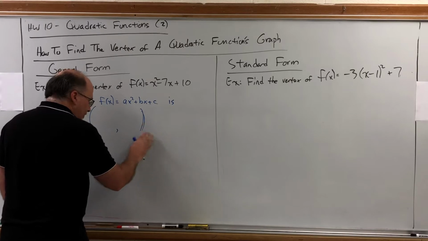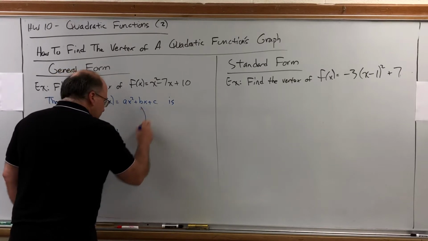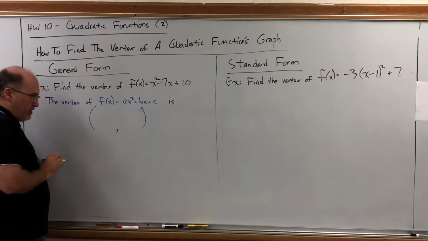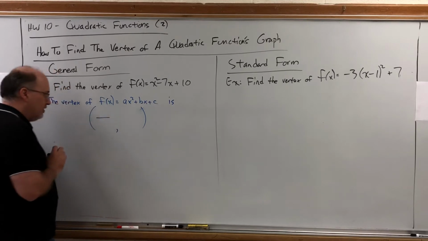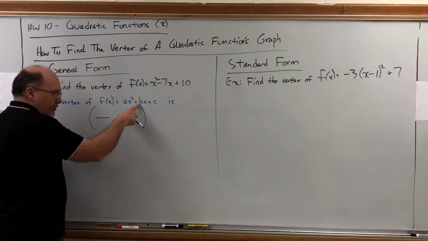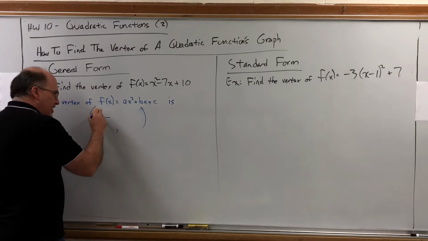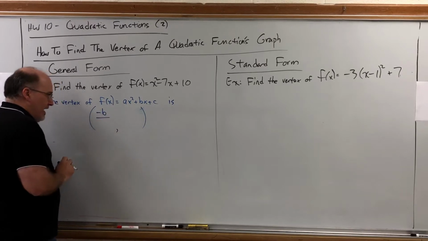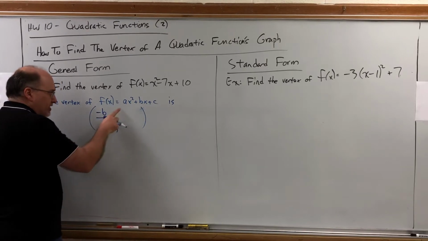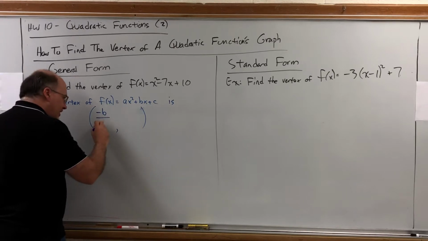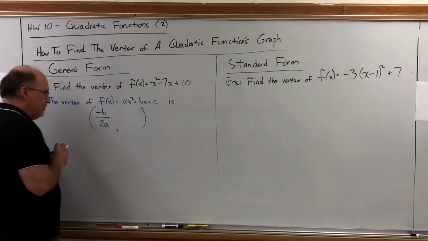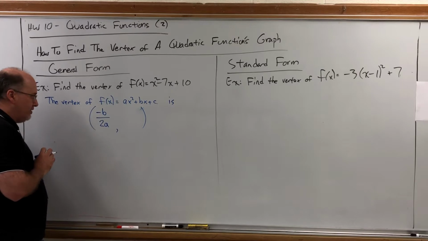And there's a formula for each. The formula for the x-coordinate is a fraction. On the top of the fraction, you take the middle number, which is b, and you put a negative in front of it. And on the bottom of the fraction, you take the first number, which is a, and you put a 2 in front of it. So negative b over 2a.